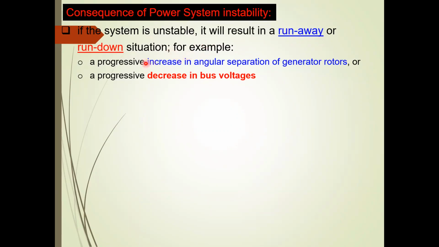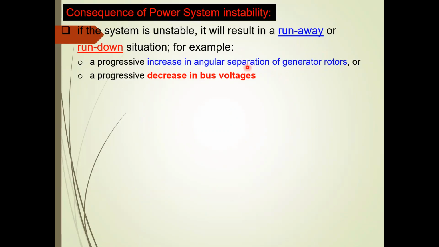So for example, if we have a progressive increase in the angular separation between the generator rotors, it will be a runaway. Right? Increase in the angular separation. If you remember earlier, we said the relative motion of one generator with respect to the network or with respect to another generator.